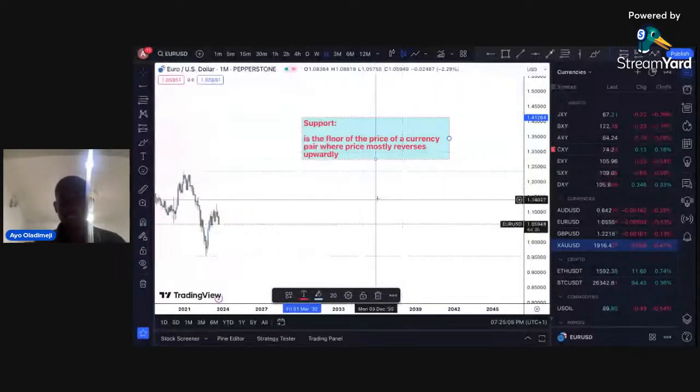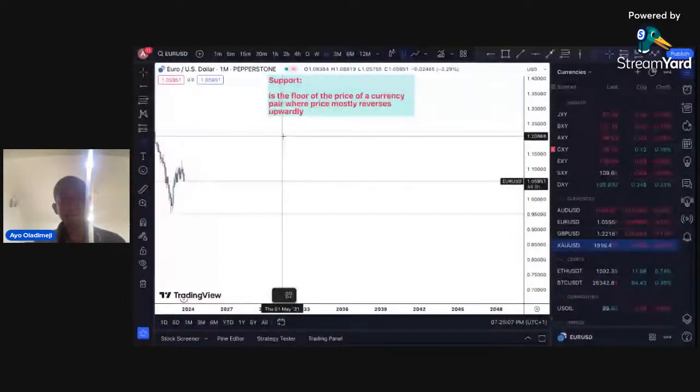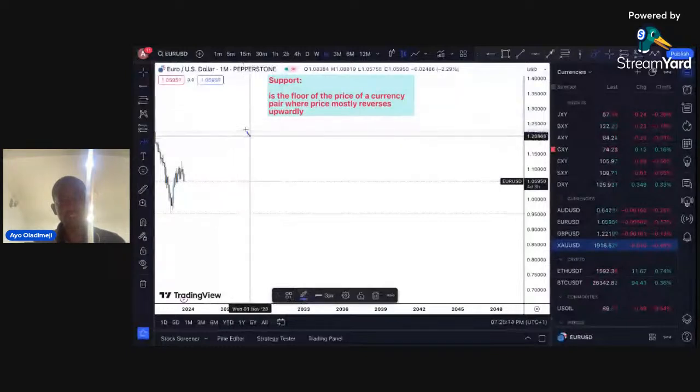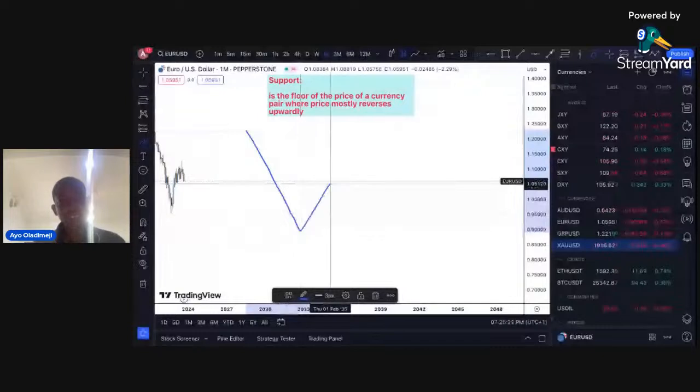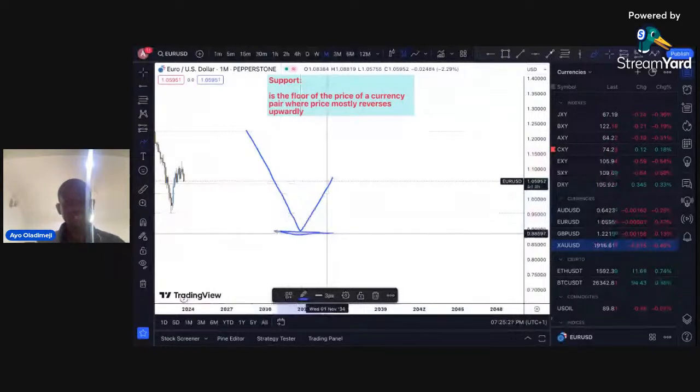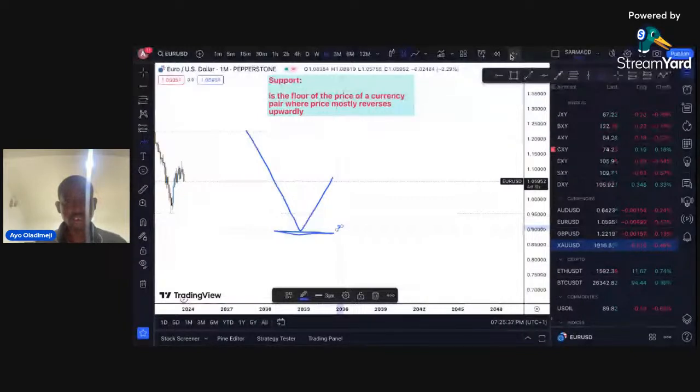So this is what it means. Market is dropping. Price is dropping. And then it does something like this. This level here is a support. Why is it a support?